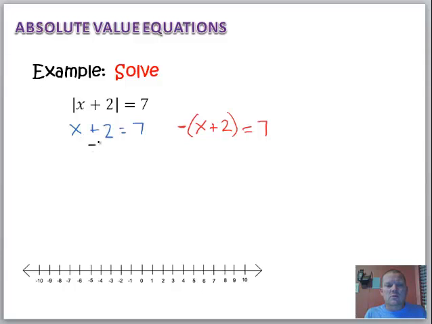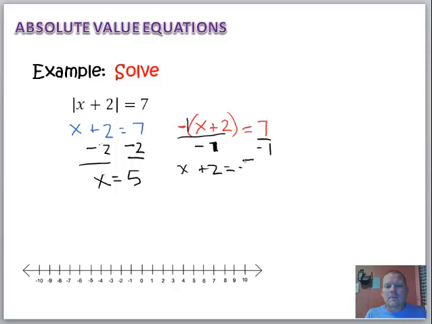I'll start by solving this one. Subtract 2 from both sides, and that gives me x equals 5. For this one, since I have this negative on the outside, there are two things I can do. I can distribute that negative in, or I can think of it as -1 and divide both sides of the equation by -1, and that gives me x plus 2 equals -7.